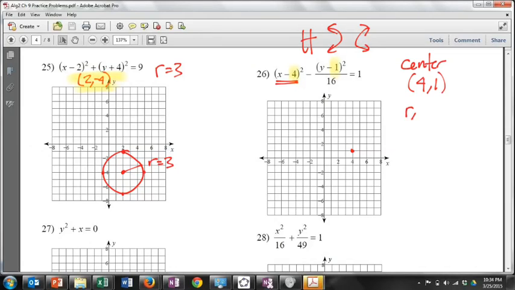I call it Rx just to be kind of consistent with the way I name these things with hyperbolas or ellipses. Think of this as all over 1, so square root of 1 is 1, and then Ry, the square root of 16 is 4.